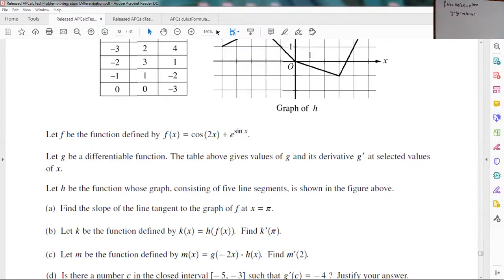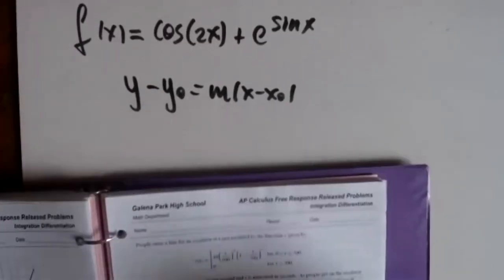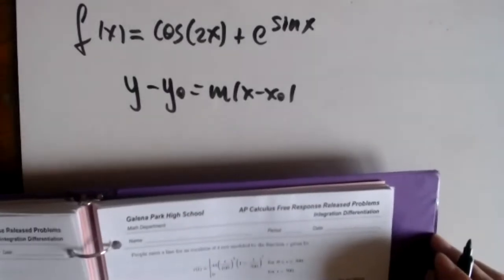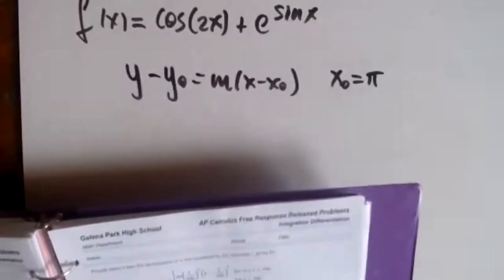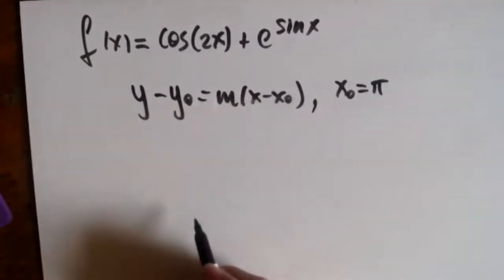At the point, find the slope of the tangent line of the graph at x equals pi. Yeah, when x0 equals pi. So I need to find this one when x is pi.